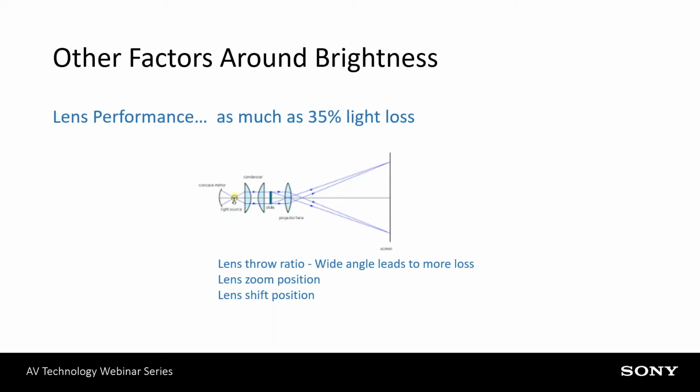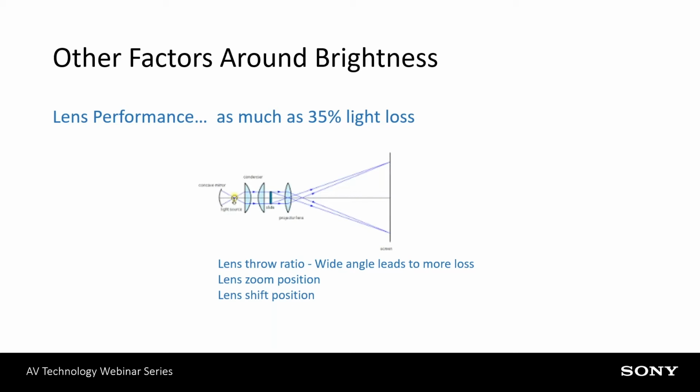This is a pretty simplistic diagram, but if you think about it, that light has to go through all those optical elements in a lens, and there is no such thing, no piece of glass, no magical material that will perfectly transmit light. So every time I go through a piece of glass, what have you, I'm going to lose a little bit of light. And especially on very short throw lenses and very long throw lenses, because there are more complex, thicker optics involved in those types of lenses.